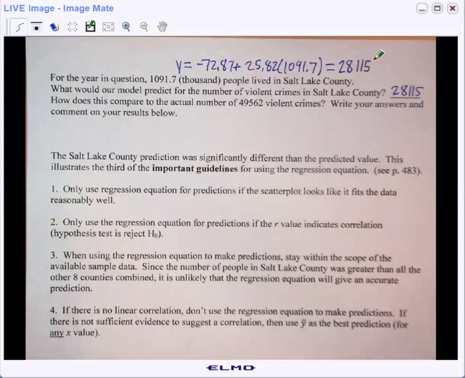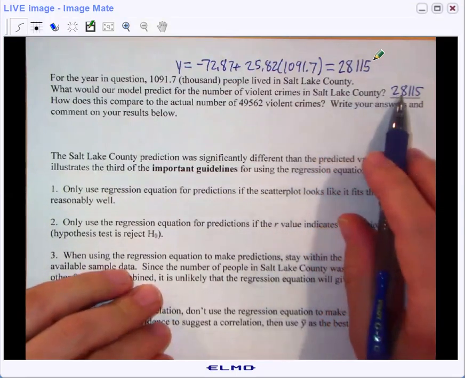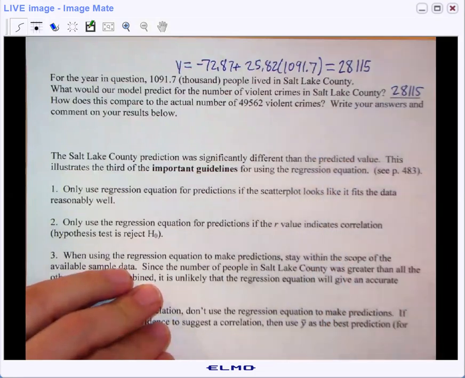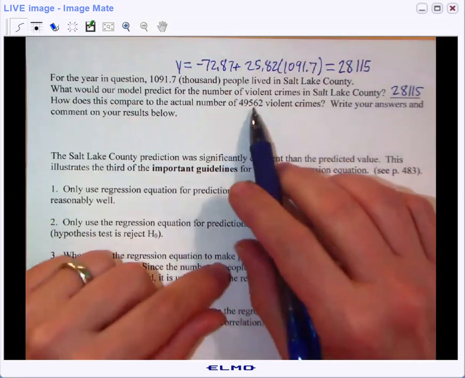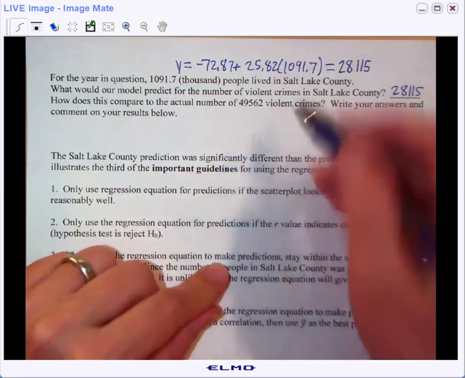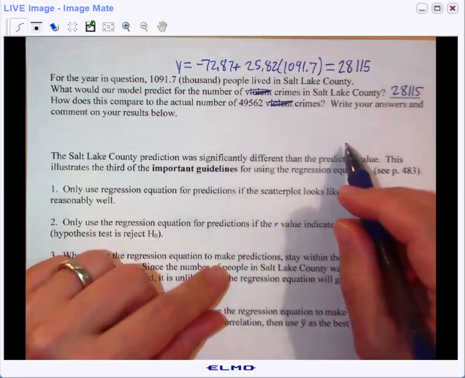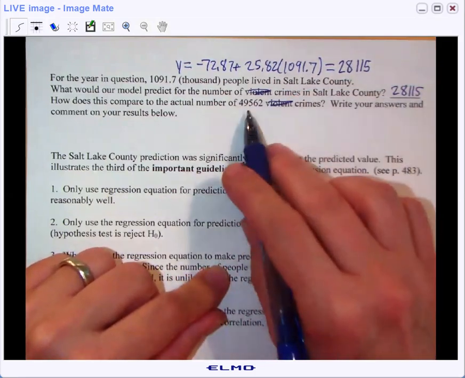I used my calculator to predict that Salt Lake County would have about 28,115 crimes. I actually researched the data, and for that year there were 49,562 crimes in Salt Lake County. So how did our number compare?